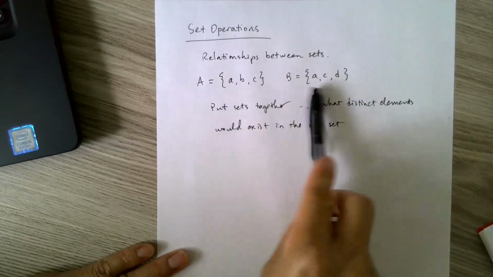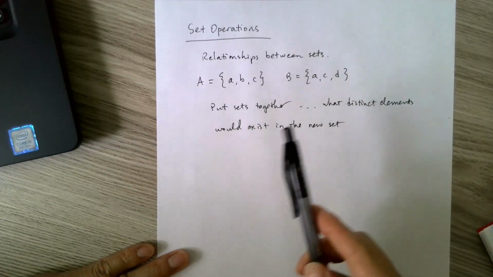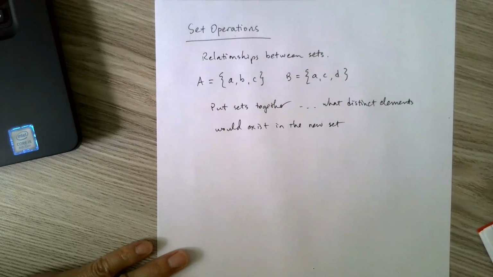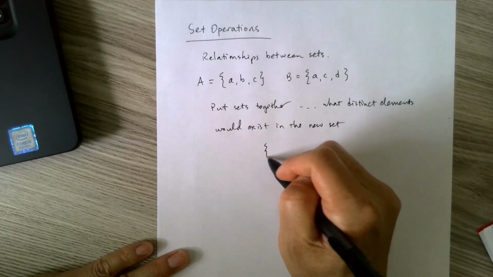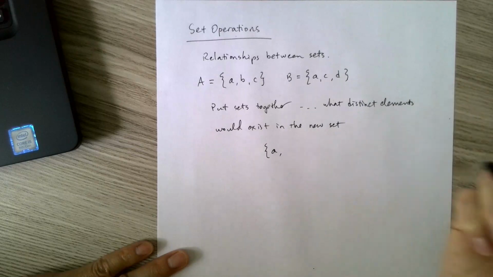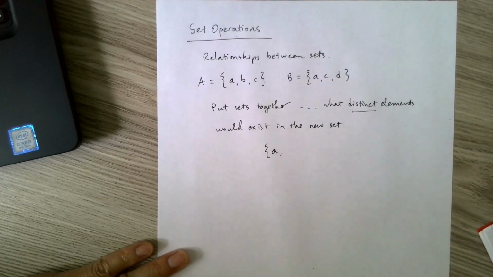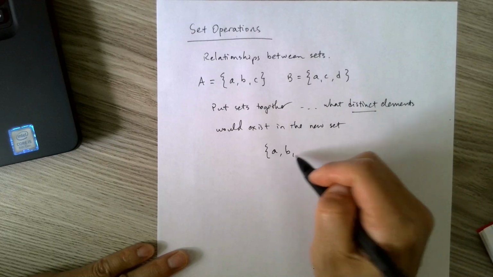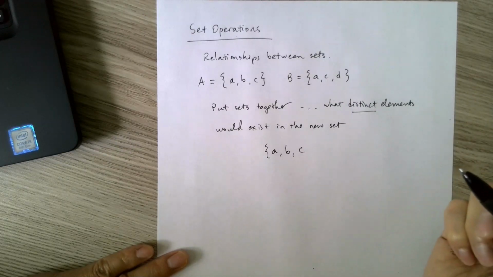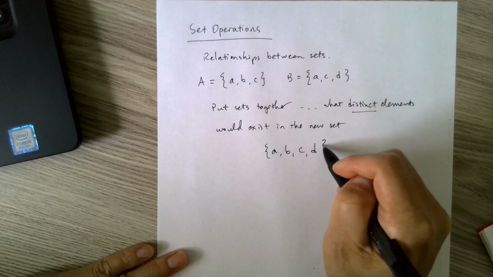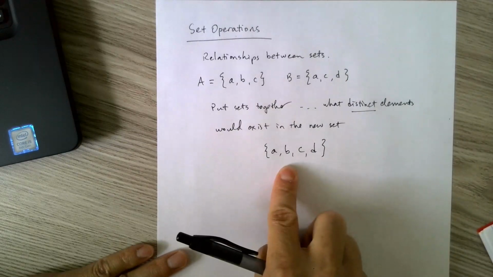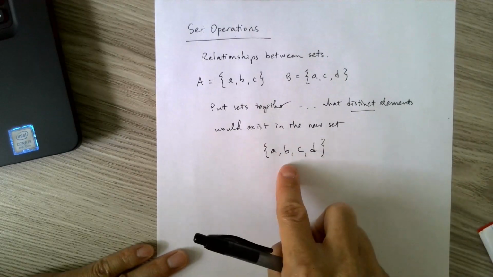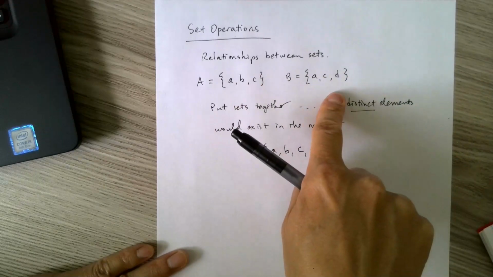So if I put these two sets together into one set, what would be the list of distinct elements in that set? So of course I would have an A, but I'm only asking for distinct elements, so I don't have to list A twice. And then I'd have a B and a C, which I would only list once, and a D. So this would be the combined set of sets A and B.